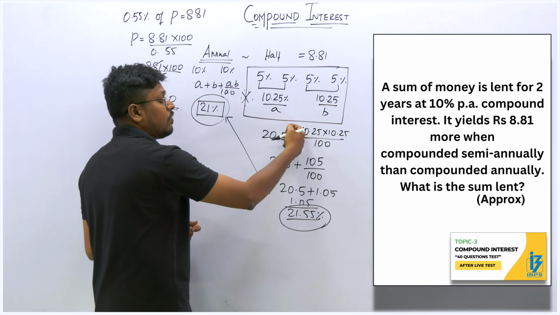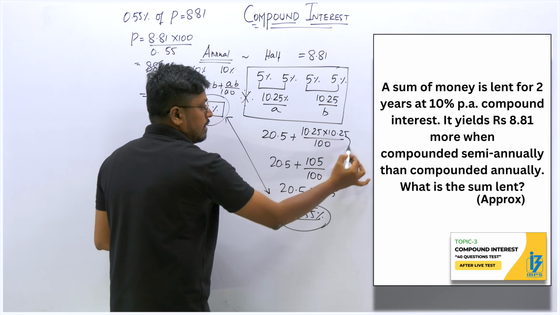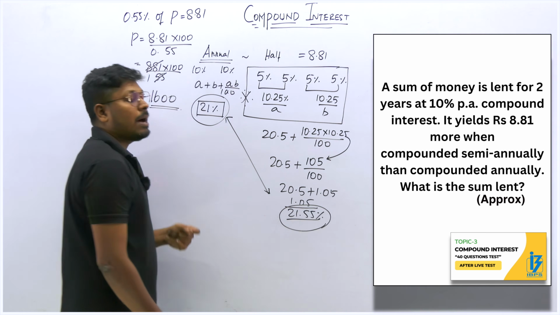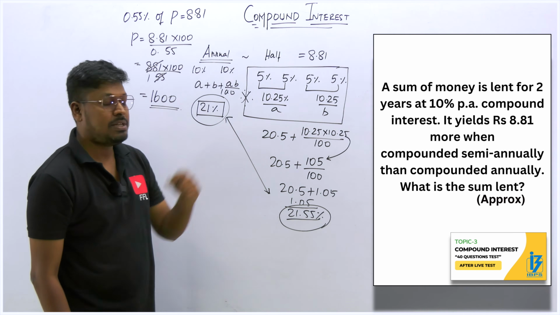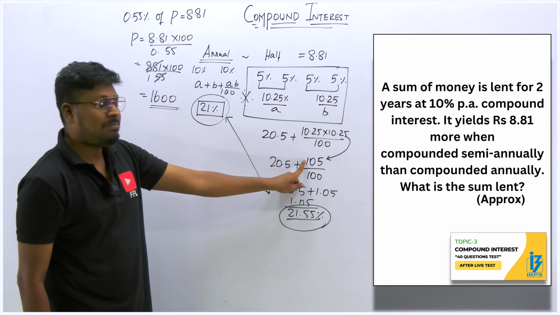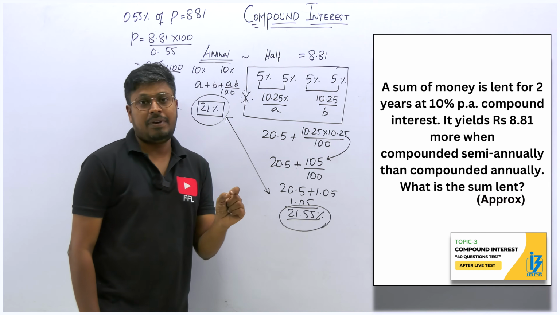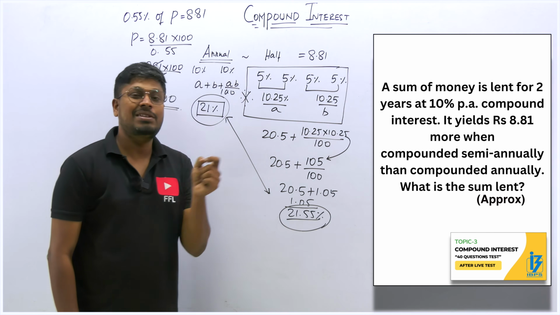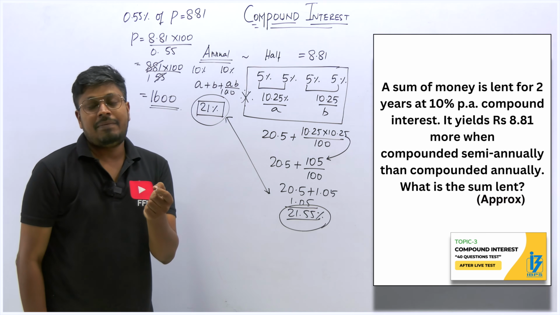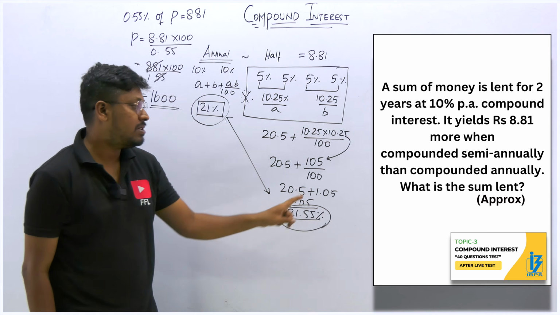After finding for 3 years, which is 21.55, here I have not calculated the exact value, I have calculated an approximate value. Why? Because the question itself says it's an approximate value. So we can go with some mental calculations here. 10 into 10 will be 100, 0.25, 0.25, around 6 something. So we can make it around 5, approximately write this as 5, which is 105.